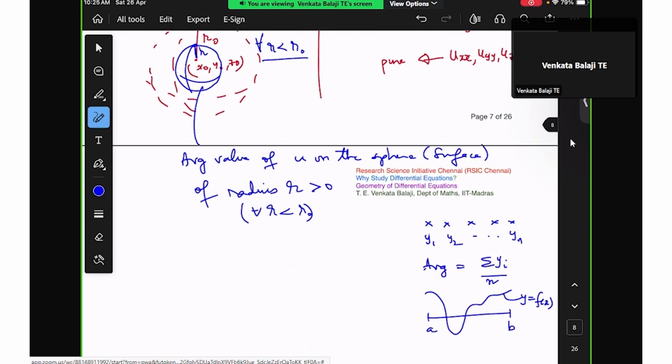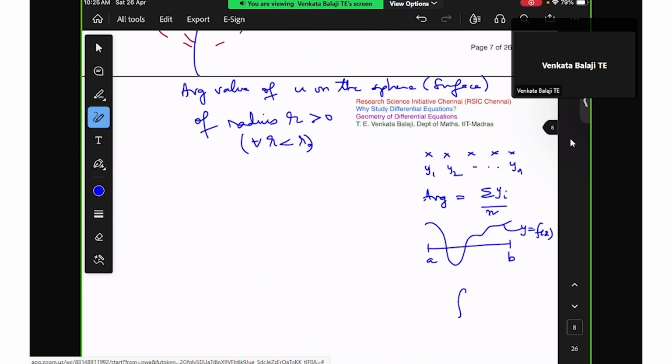You have to sum all the function values at all the points, and that is integration. So the average value will be the integral from a to b of f of x dx, adding all the values of f throughout the points, and then you divide by the length of the interval, which is b minus a. This is the average value of the function.